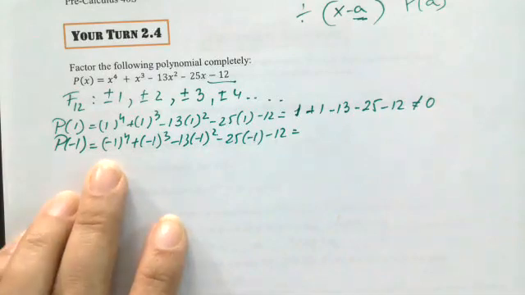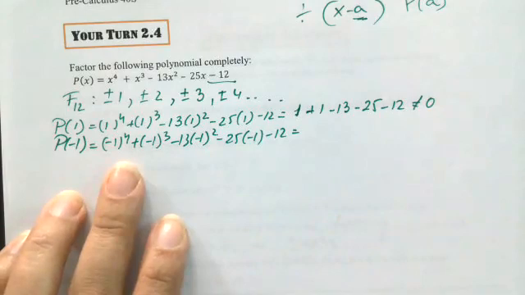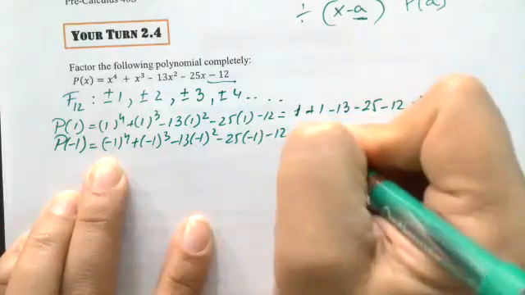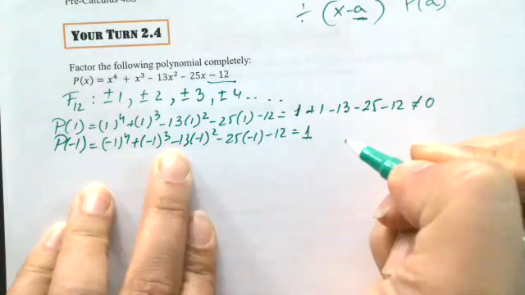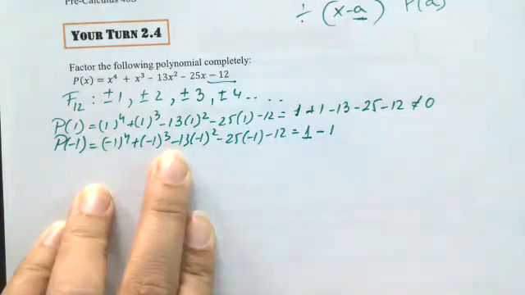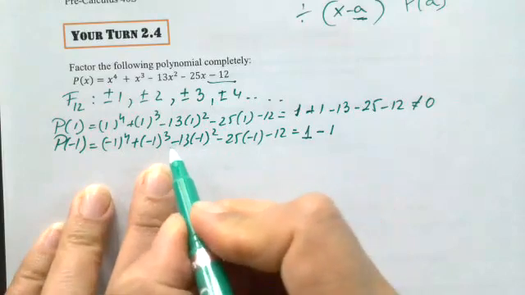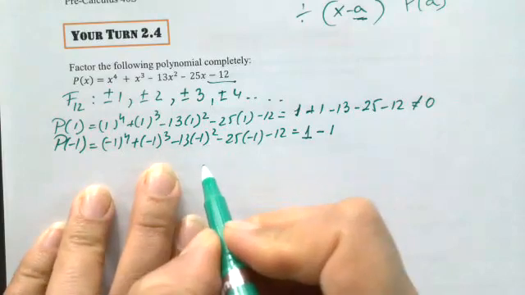Every time you raise a negative number to an even exponent, your answer is going to be a positive number. When you raise a negative number to an odd exponent, then your answer will have a negative in front of it, okay? So -1 to the 4 is going to be +1. -1 cubed is going to be -1. Now this one, I'm going to do one calculation in my head and then the second one also in my head and put the answer down, right?